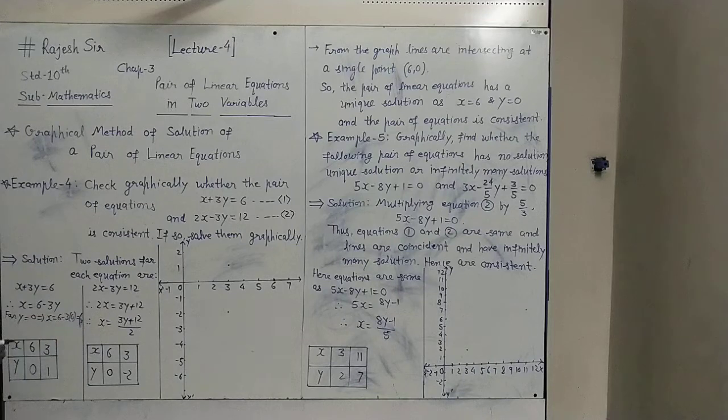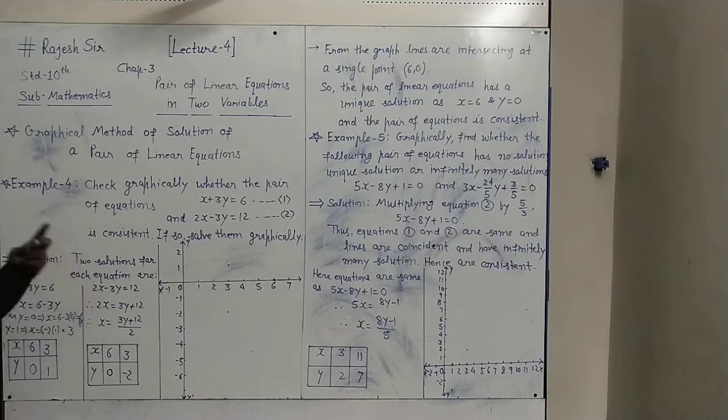For y equal to 1, x equals 6 minus 3 into 1, which is 3. This way, at y equal to 0, x is 6, and at y equal to 1, x is 3.